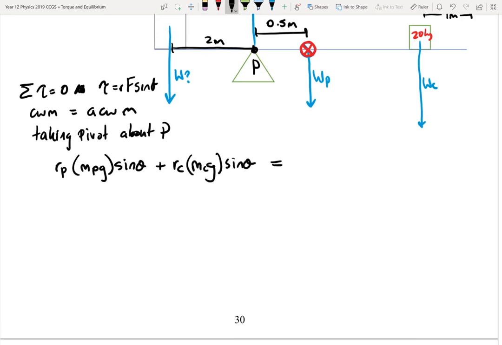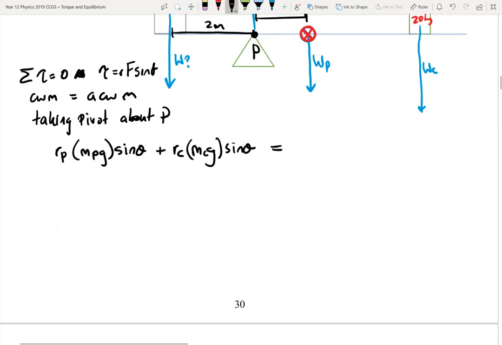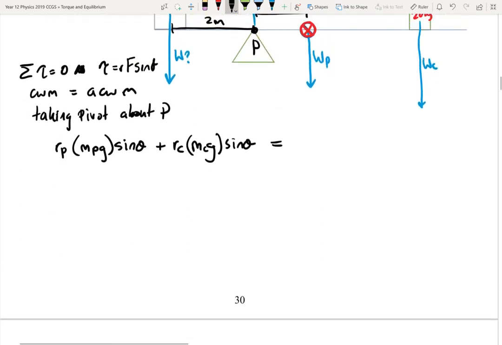That is the clockwise moment, the sum of the clockwise torques produced by the plank and the child because they're on the right side of the pivot. That means that R unknown mass times gravity sine theta must balance that.